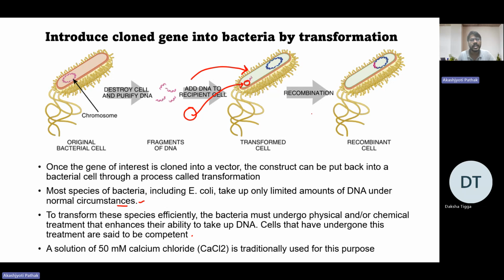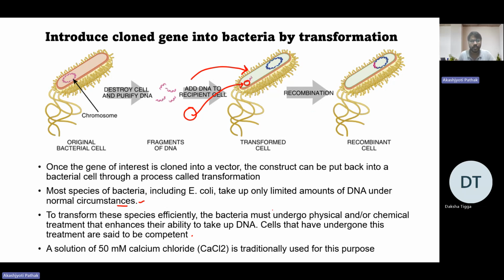It has very little tendency to take up the DNA. So if we want the bacteria to take up that DNA, then we have to do some chemical and physical treatment so that it can easily take up the DNA from the environment. And how is this done?